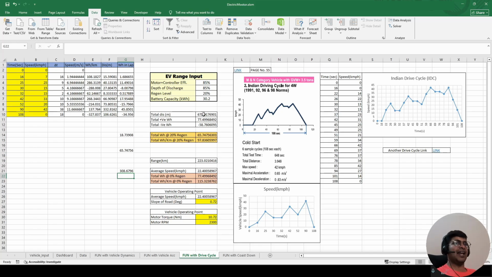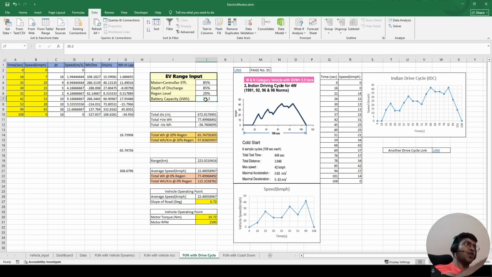But this is again a theoretical value, or I would say a superficial value, because the energy stored in the battery will not be converted 100% into moving your vehicle. A few percent of that energy will be wasted by the motor. That is one thing. And second, you cannot take out 100% of the energy from the battery. Let's say you have stored 30.2 kilowatt hour.